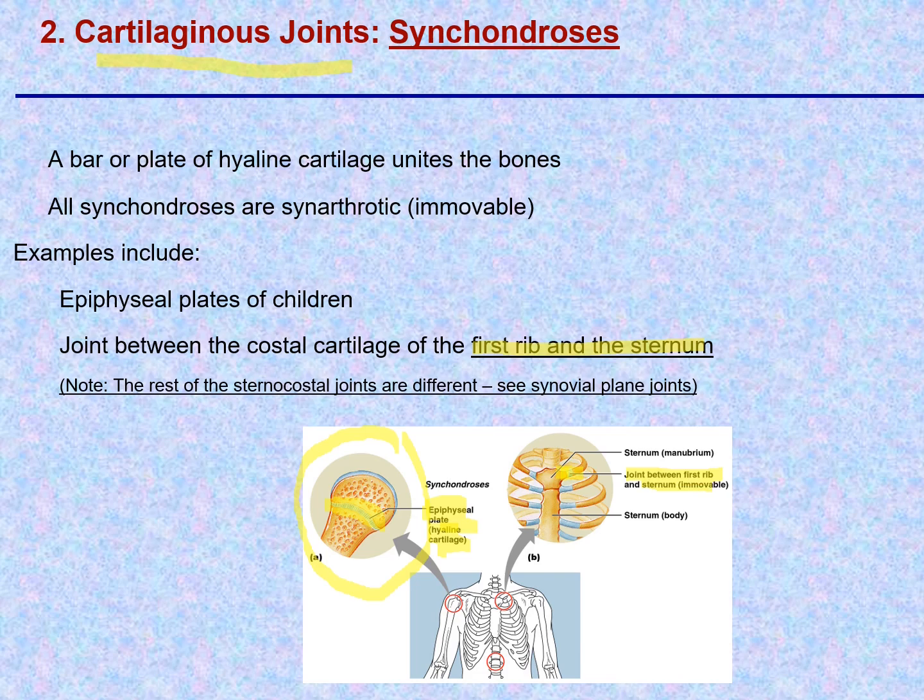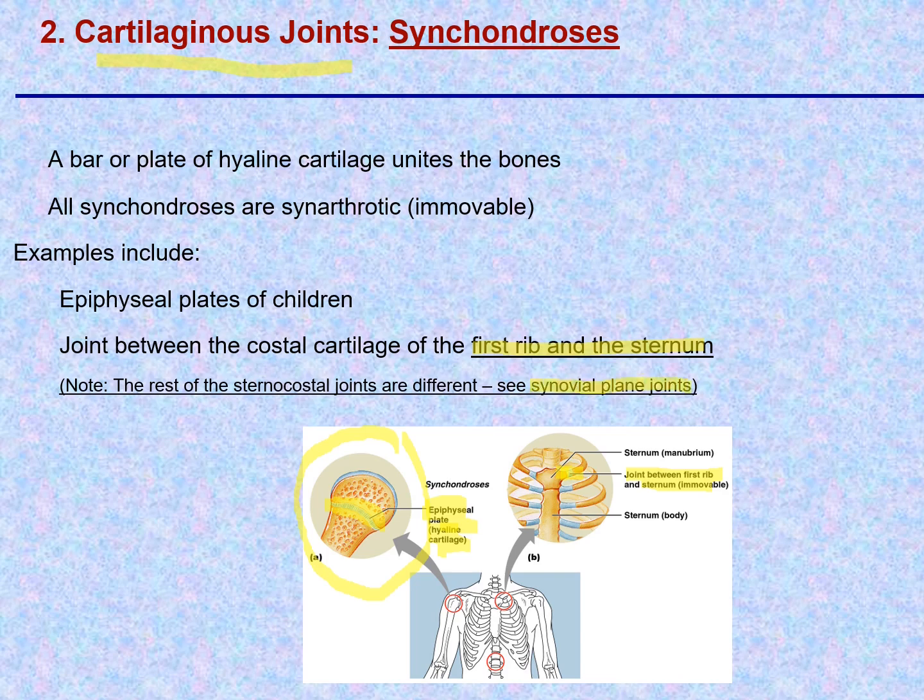The rest of the ribs, going from the top down, from the superiormost to the inferiormost of the 12 pairs, the first one has this kind of joint, and then the next 9 have a different type of joint, and we'll look at those later.